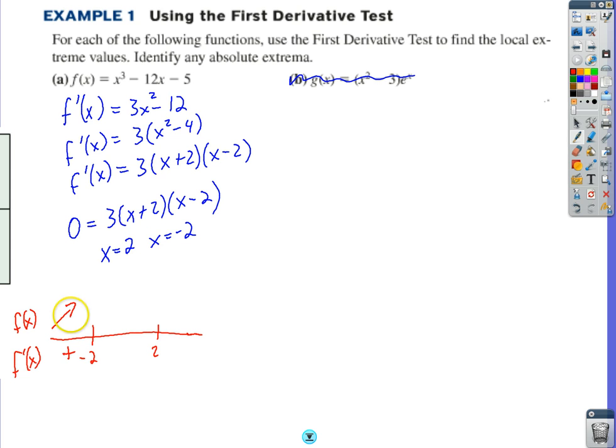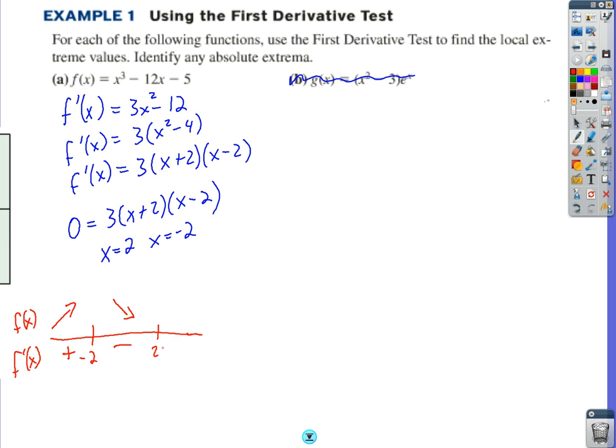So I'm going to make a little arrow, increasing. Then let's stick a good number in between negative 2 and 2. Well, 0's in there, might as well make it 0. When I plug 0 into f prime, I have positive 3 times a positive 2 times a negative 2. So positive times negative means f prime is negative. And what does that mean for my function? That means in that interval, my function is decreasing.